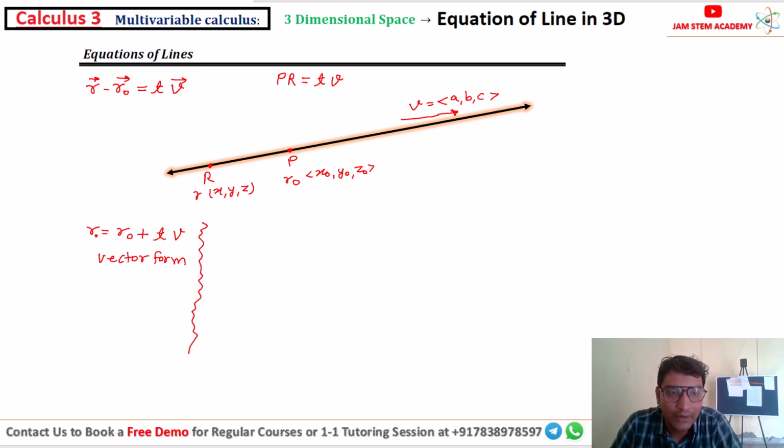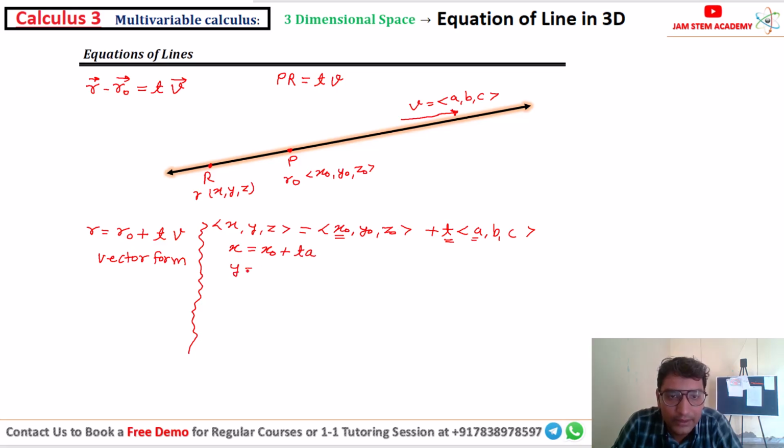How? See, the R vector is our x, y, z. So this equals R naught, which is x naught, y naught, z naught, plus t times a, b, c. Now we can compare the x, y, and z coordinates on both sides. From here, x equals x naught plus ta.